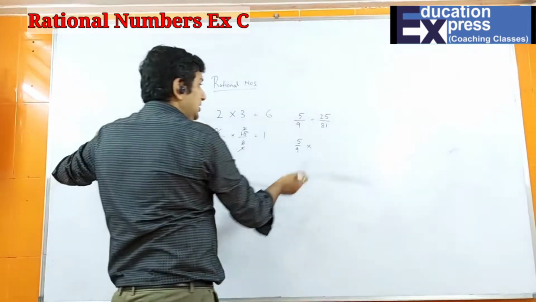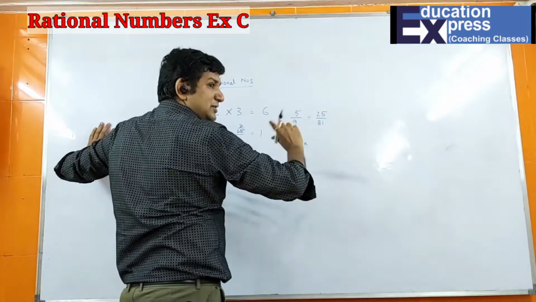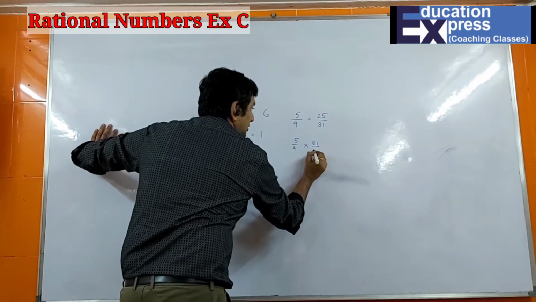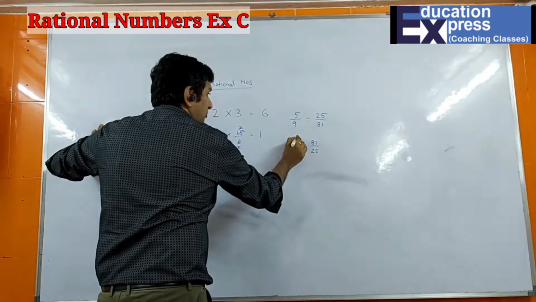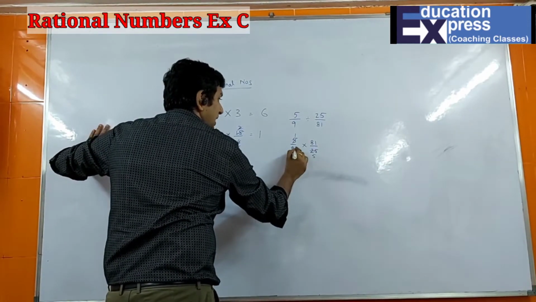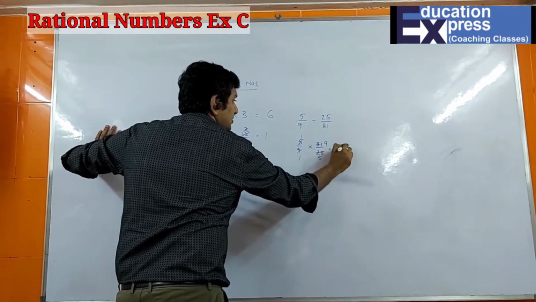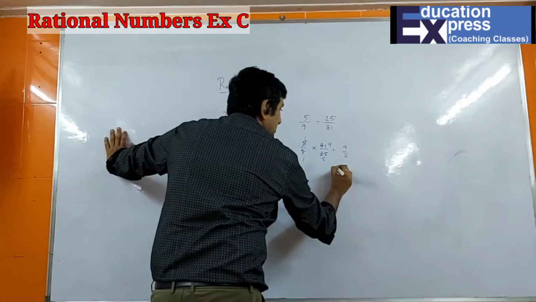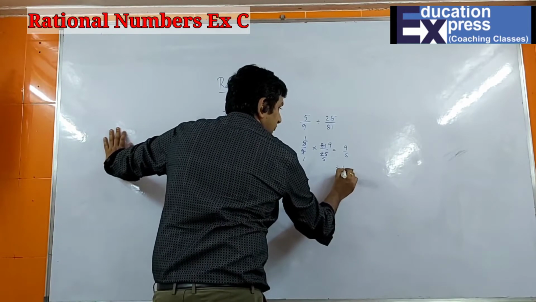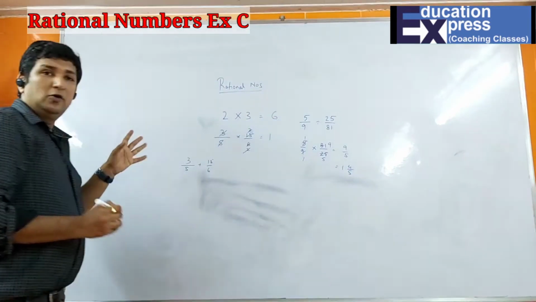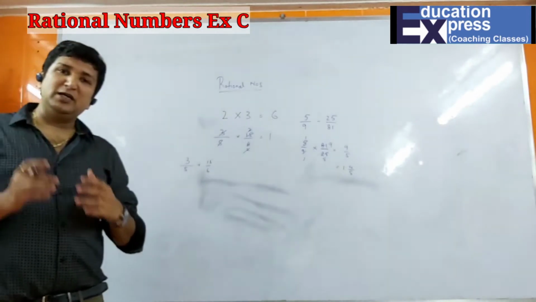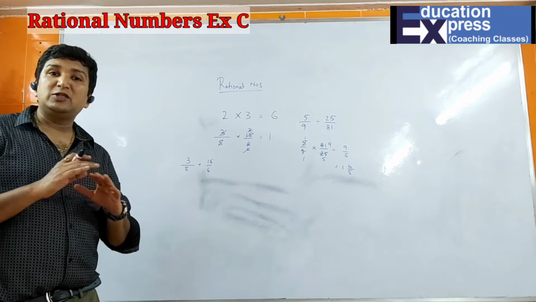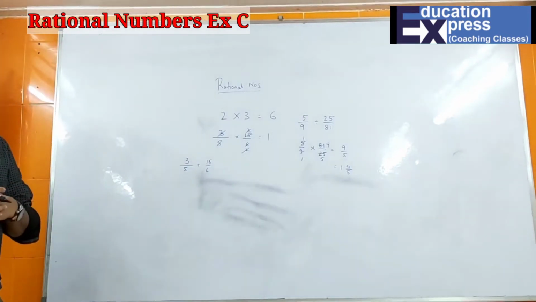When you do multiplication, the number after division will become its reciprocal. So now this 25 upon 81 will become 81 upon 25. So now 5 ones are 5, 5 fives are 25, 9 ones are 9, 9 nines are 81. So the answer is 9 upon 5, which again you can see is an improper fraction, and hence we will convert this into a mixed fraction, which I have done earlier also. So in the entire exercise, you will just be using this particular property, where you have to multiply and divide. That's all. So right now, I will start with the exercise.